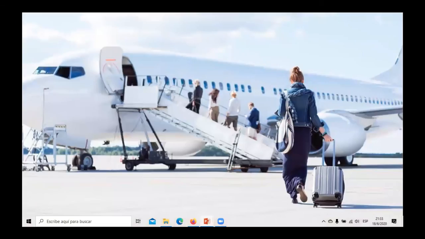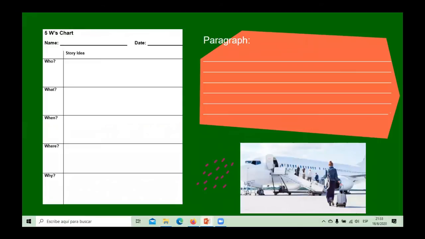Here we can see a picture. It can be the example. So the chart contains five W questions. There are who, what, when, where, and why. For the first one, the students have to write who.